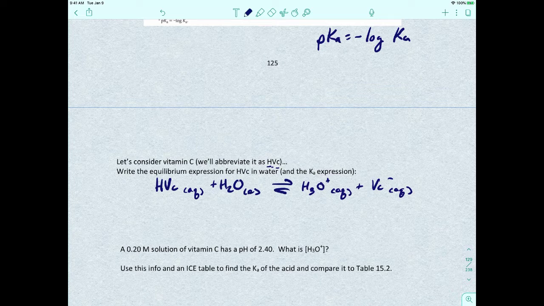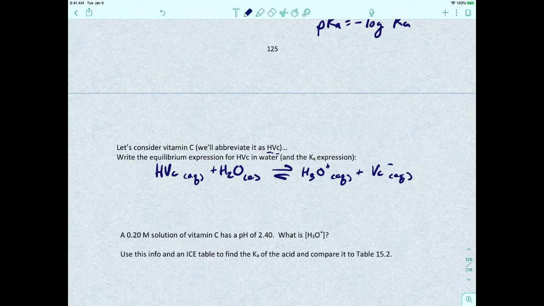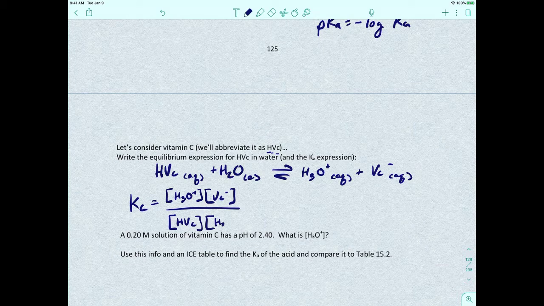Now, if we're going to write the equilibrium expression, it's specifically asking for Kc this time. So let's write the normal Kc expression. That's going to be the concentration of the products, H3O+, times the concentration of ascorbate ion, divided by the concentration of ascorbic acid, HVC, times the concentration of water.